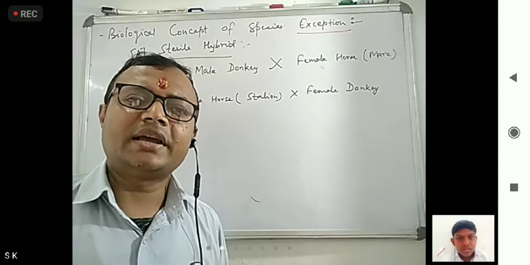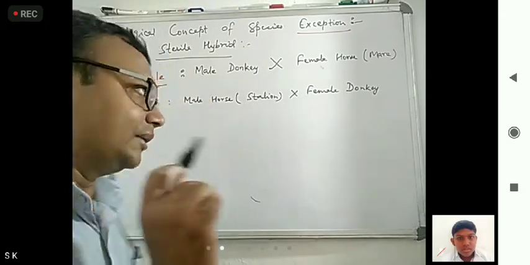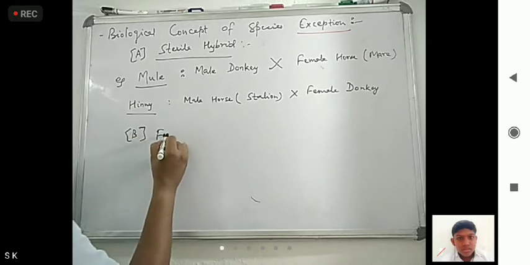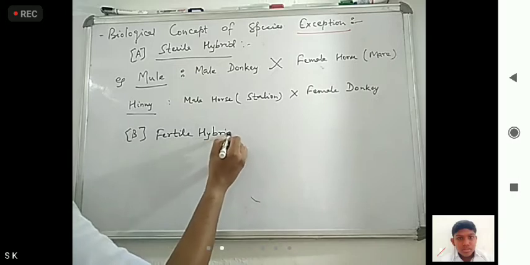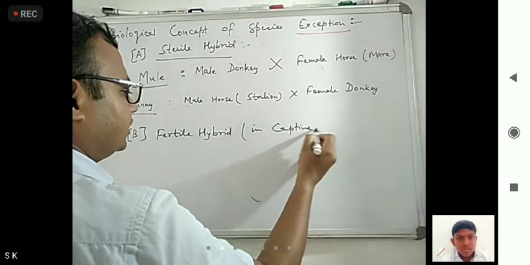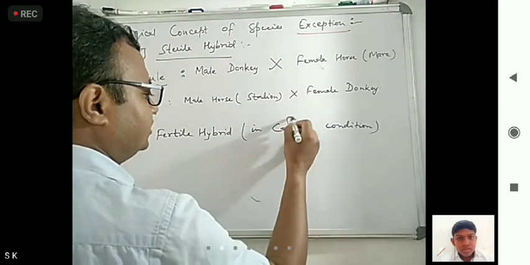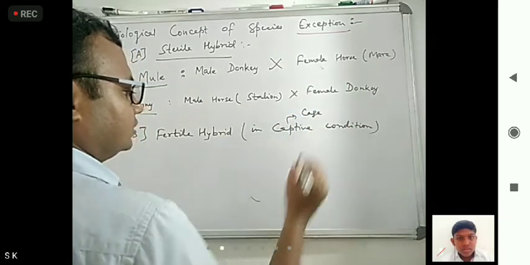Next, if they are kept in a cage, or captive condition, they show a fertile hybrid. So next is fertile hybrid, but it should be in captive condition. Captive means in a cage.